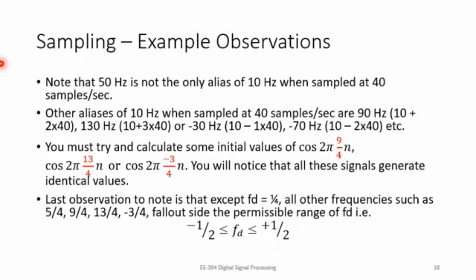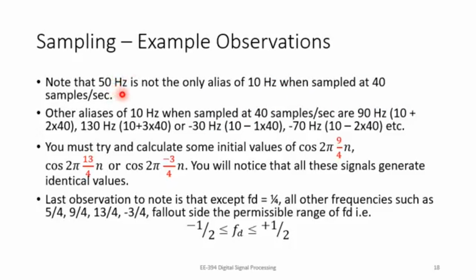Right, there are a few more observations. The first thing on the slide is to note that 50 Hz is not the only alias of 10 Hz when sampled at 40 samples per second. We have already seen that the difference between 50 Hz and 10 Hz is that of fs.